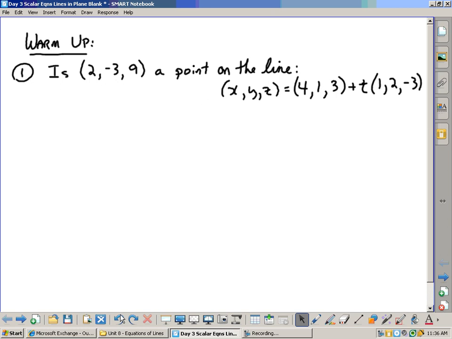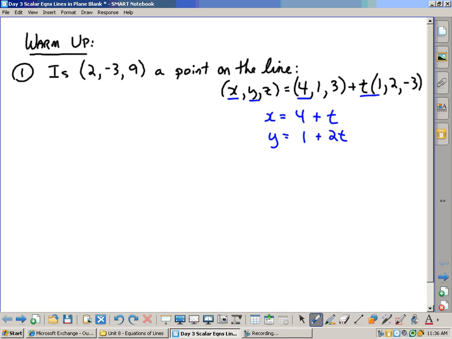So I'm going to talk about how to do that. For starters, I always find it easier to take these questions and put them in parametric. Parametric is my favorite version of the line. So I can see there's x equals 4 plus t, then y equals 1 plus 2t.